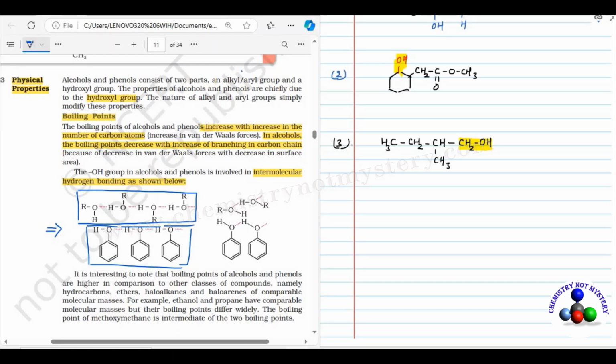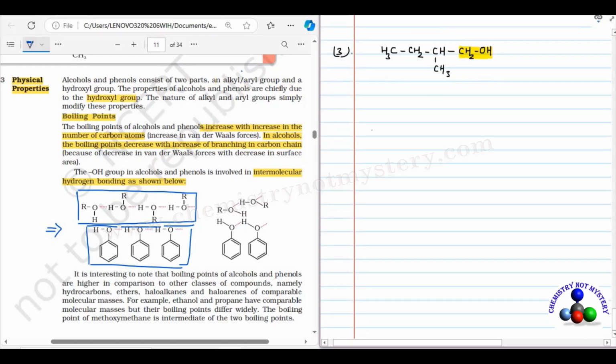Now let's try to understand the meaning of these lines. So let's discuss the boiling point. Boiling point depends on two factors. First is the molecular mass. Second is the intermolecular force of attraction.